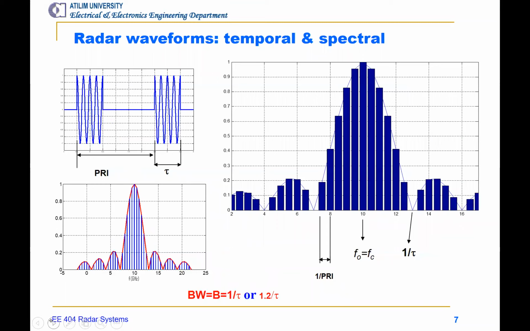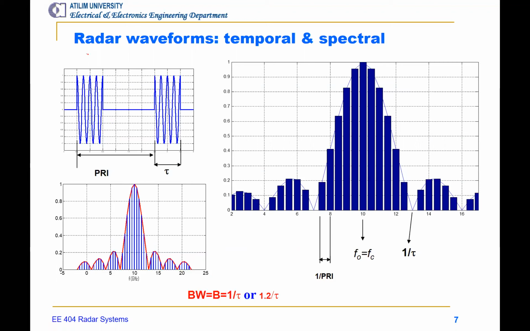So it was the time domain that we have been talking about radar waveforms. In this slide, we have time domain radar waveform and its spectral equivalent, so it's equivalent in frequency domain.